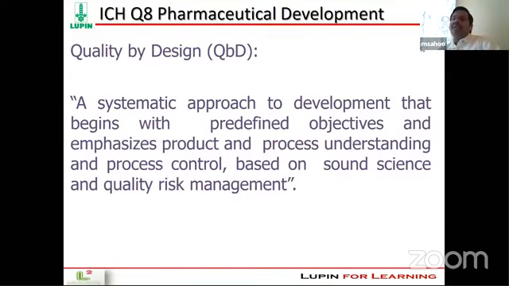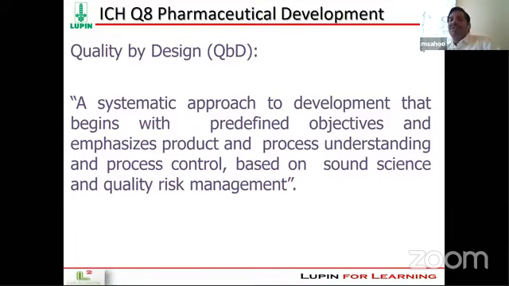That is a kind of statement that defines how you are going to approach your research paper. So it begins with predefined objectives: you have to predefine what you want to achieve, and emphasize product and process understanding.